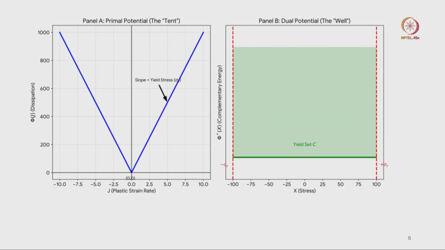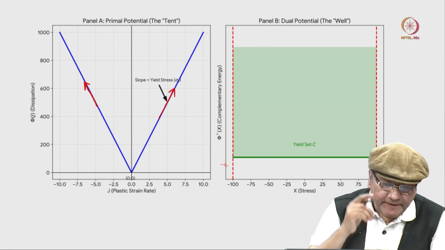the subdifferential in general, because when the derivative exists, the subdifferential and the derivative are the same thing. Along this line, if you take this, you get -1 or minus sigma y maybe here, okay, right. On this line, if you take the derivative or the subdifferential, we get +1 or plus sigma y, the plus of the yield stress, right.